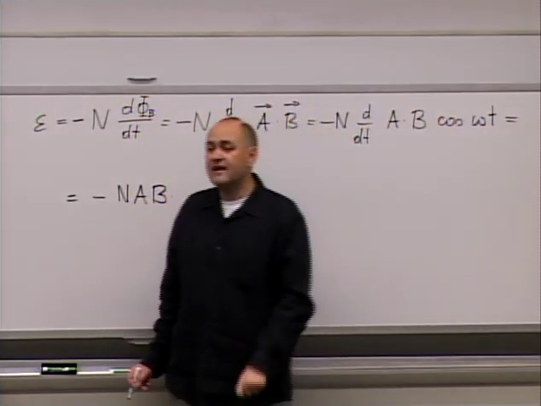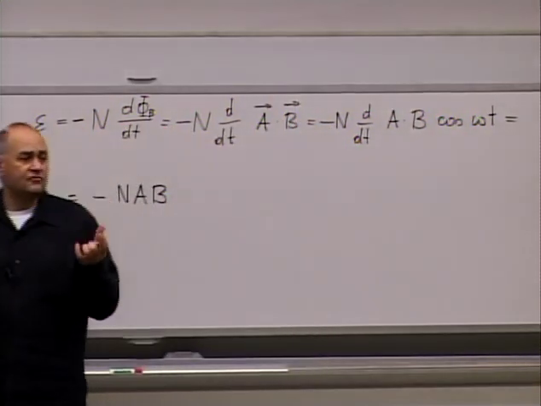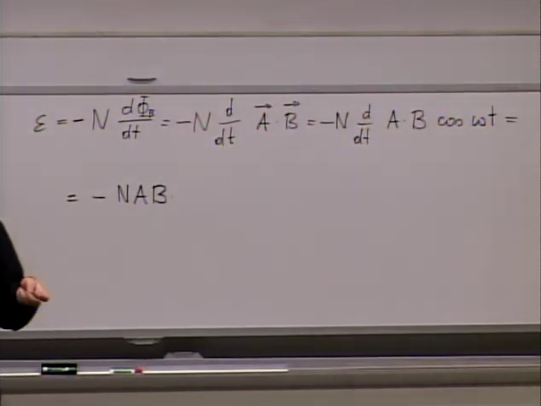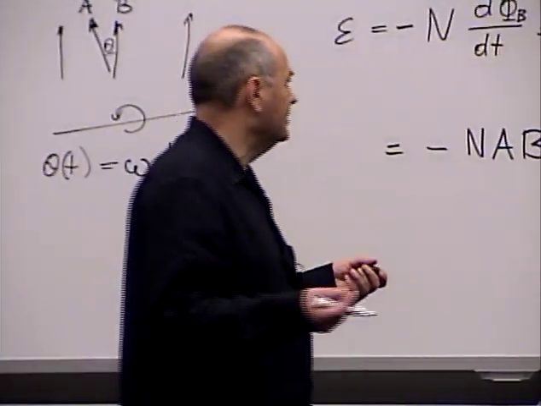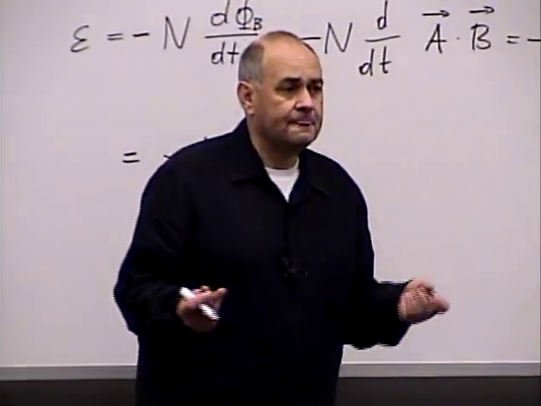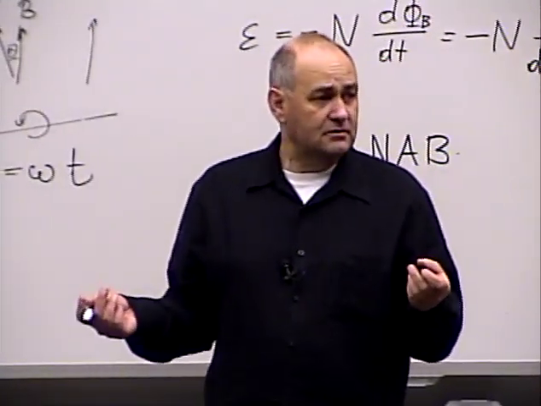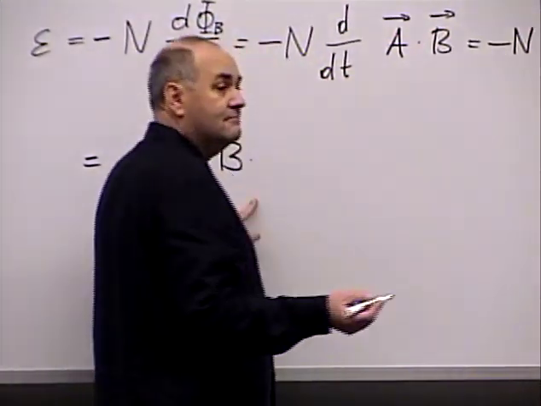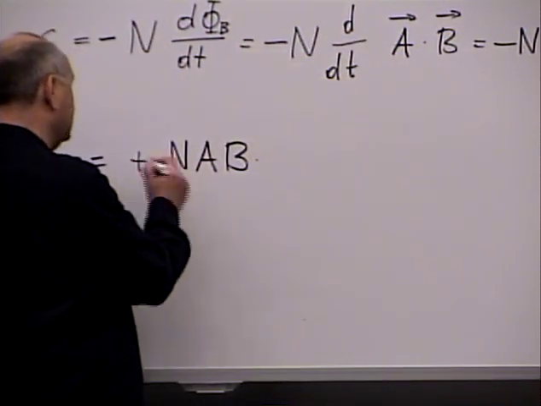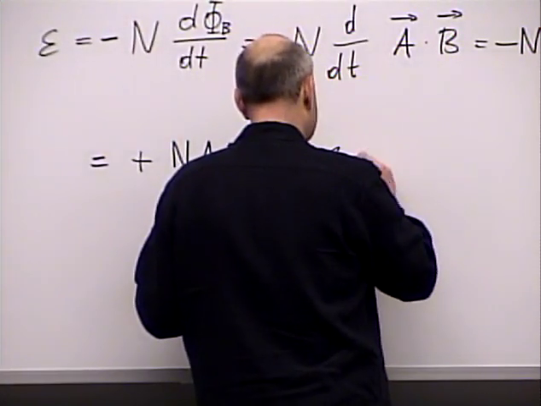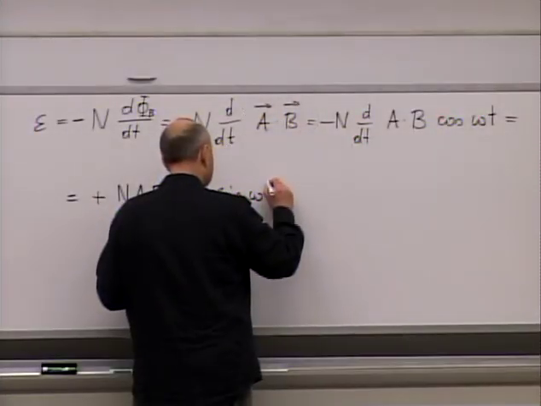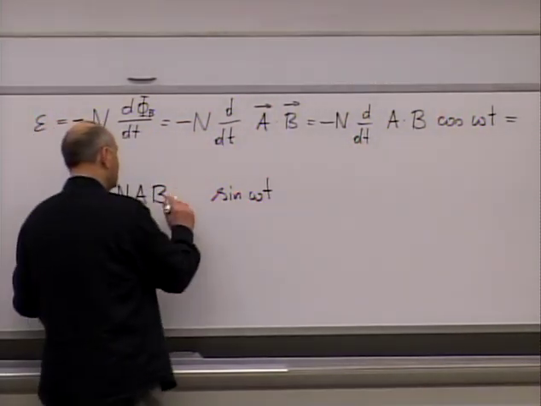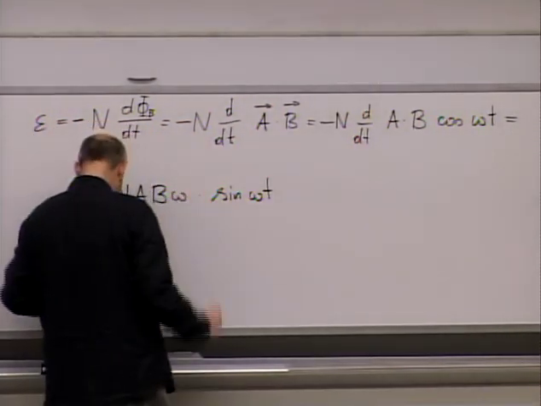It's a composite function, right? The external function is the cosine function, the internal function is omega t. It's a linear function. So if we use the chain rule, the derivative of cosine is minus sine, so I will get rid of this minus, and we'll get here sine of omega t. And the derivative of the internal function is omega.